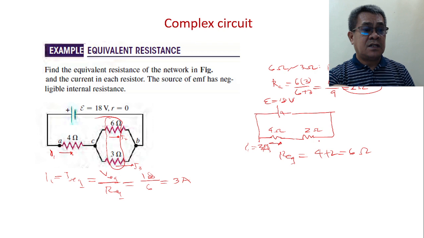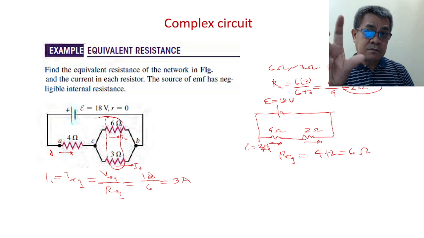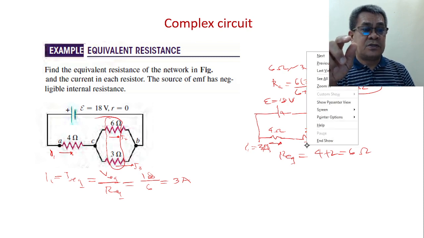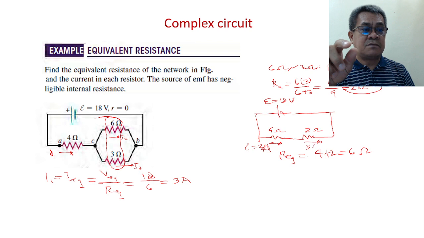In parallel, of course, the resistance will reduce, because we take the reciprocal of that. Which means that this is also 3 amps.